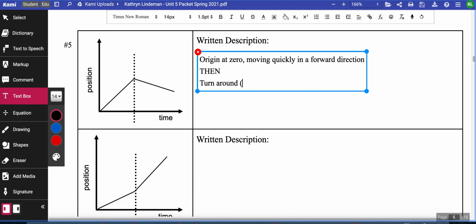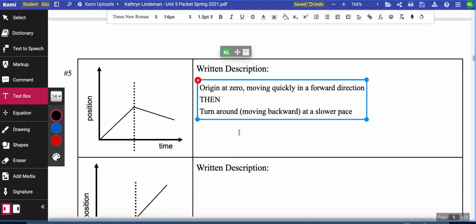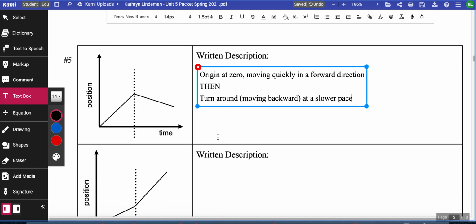If I'm turning around, that just means I'm now moving in the opposite direction. So now I'm moving backward, slower. So at a slower pace. I really want to make sure that I am describing both situations here.